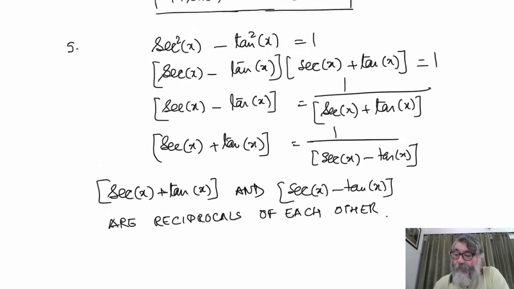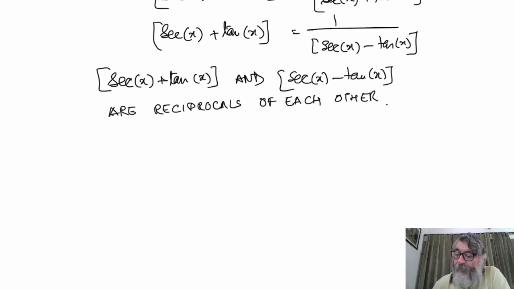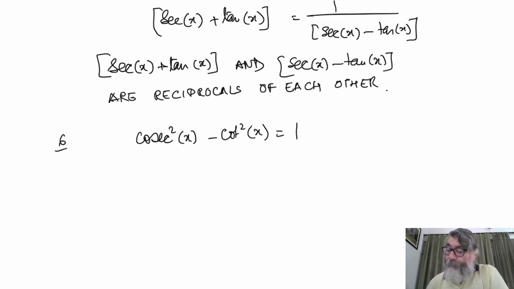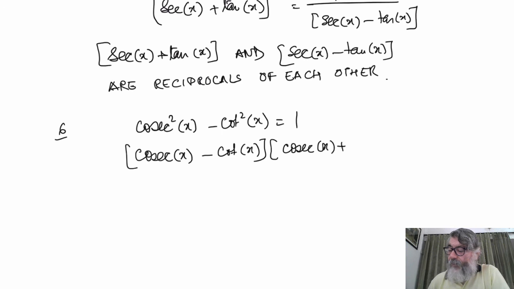Now next, this was fifth, let's see sixth. On the same basis, cosec square x minus cot square x is equal to 1, or we can write it as cosec x minus cot x and cosec x plus cot x is equal to 1.